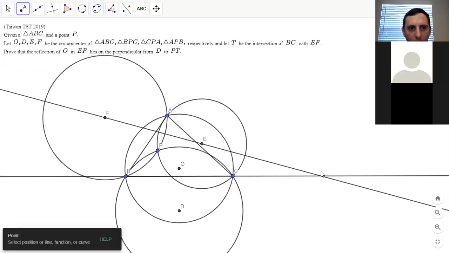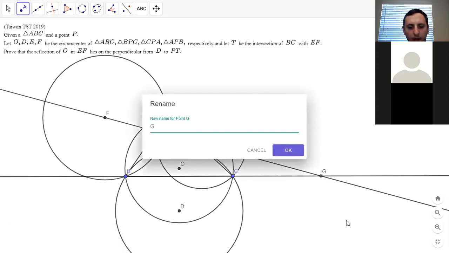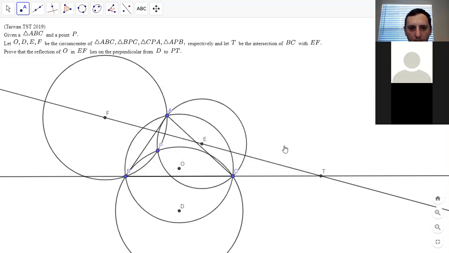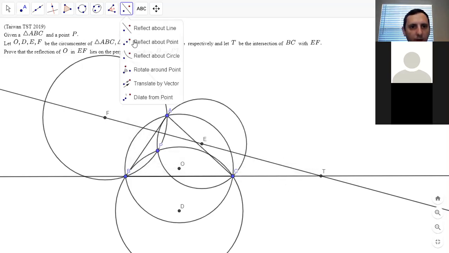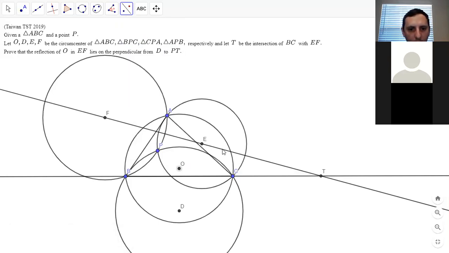And we want to show the reflection of O over EF lies on the perpendicular from D to PT. Okay, so we could call that O prime. We want to show that O prime D is perpendicular to PT.